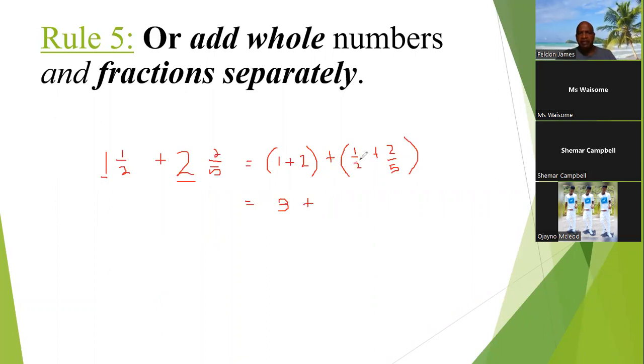For the fractional part, you do that the way you normally add fractions. If the denominators are different, you need to find the LCM. So the LCM of 2 and 5 would be what? Come, guys, respond please. 10. So now we write 10 as the LCM.